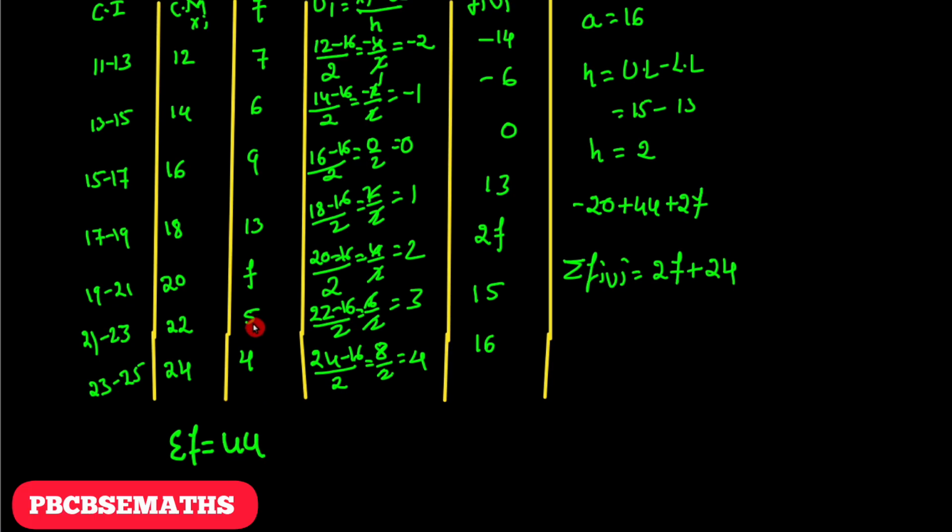That is the value, 44, plus that unknown value f. So 44 plus f is the value of the summation of f.